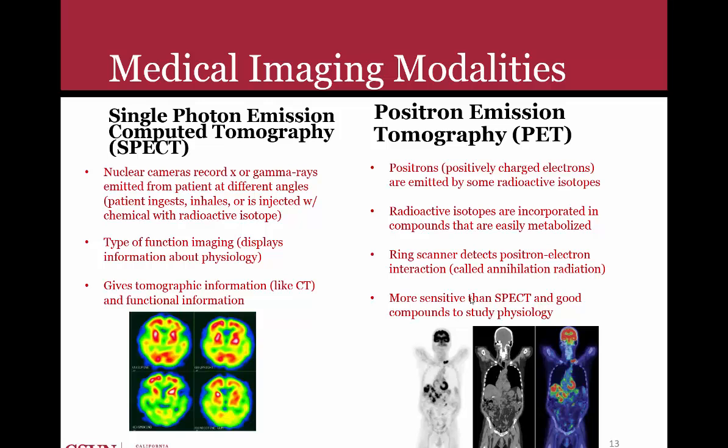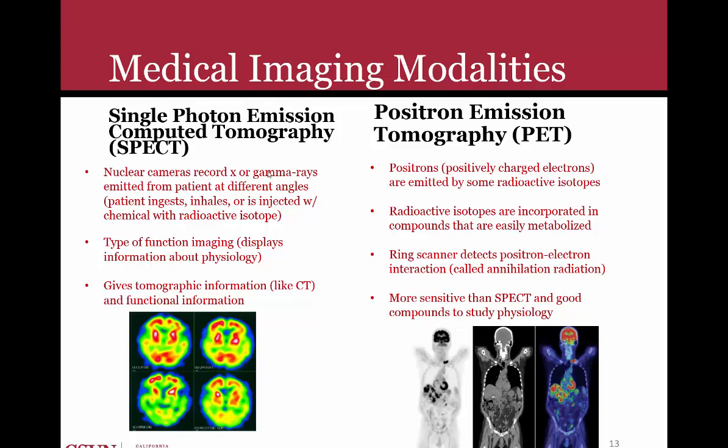Okay, these are another case of nuclear imaging. There's single photon emission computed tomography, called SPECT. Here, you are injecting the patient with chemicals that emit gamma rays, and this is really useful for measuring physiological processes, not just the anatomical parts of the body.